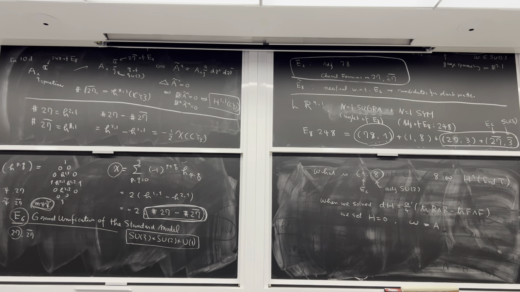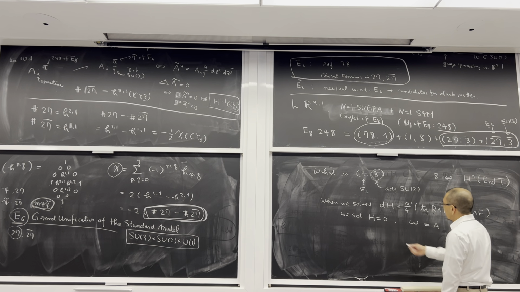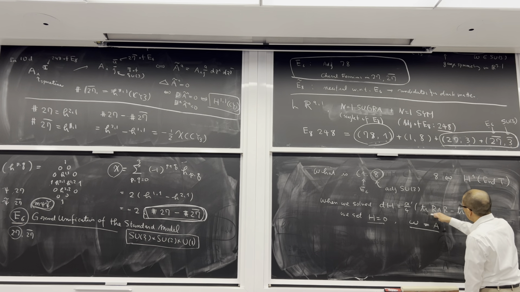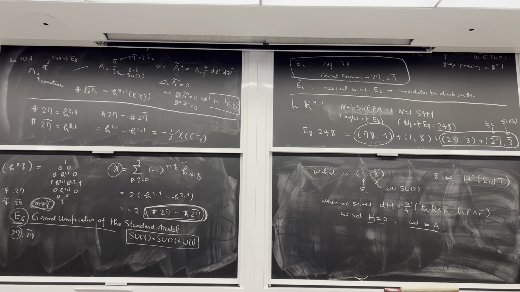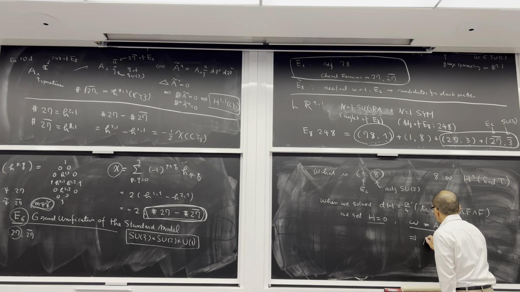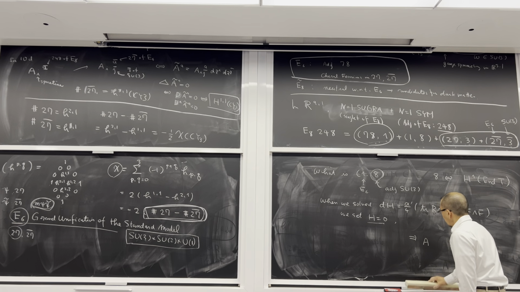But a priori, there are more solutions. So you can ask, are there ways to deform this solution that still remains a solution? Okay, and there is such a possibility. And one possibility is still maintain H equals 0, but deform this condition so that the condition that trace R wedge R minus trace F wedge F is still satisfied. And you can do this if you can deform A. So originally A was equal to omega.